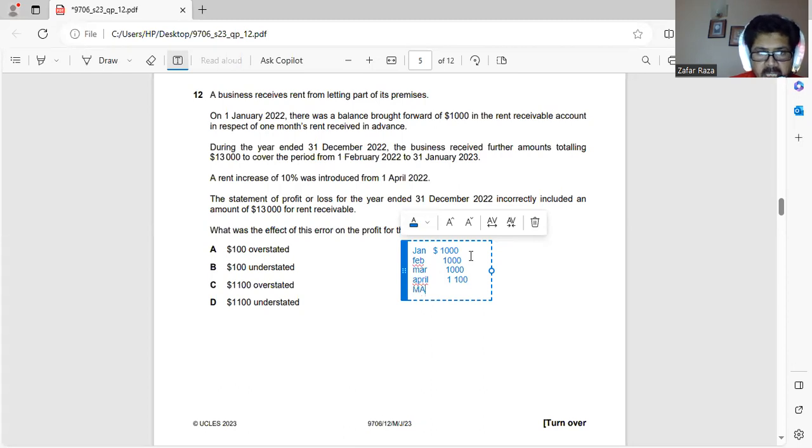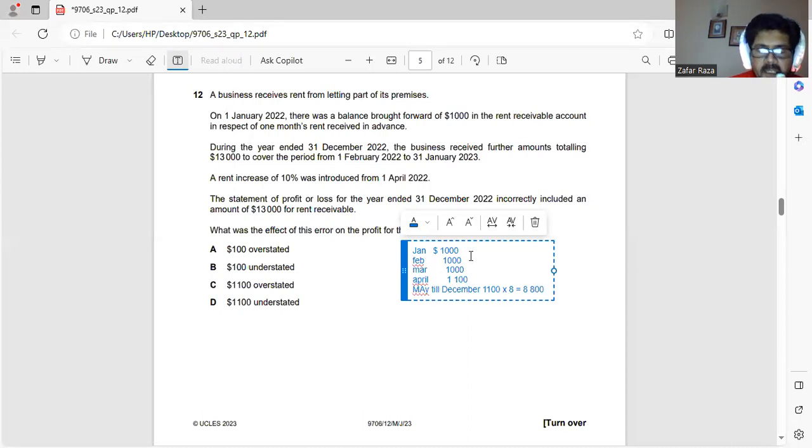Now, from May till December also, like April, we will get the rent as 1,100, multiplied by May, June, July, August, September, October, November, December, 8 months. So that would be 8,800.